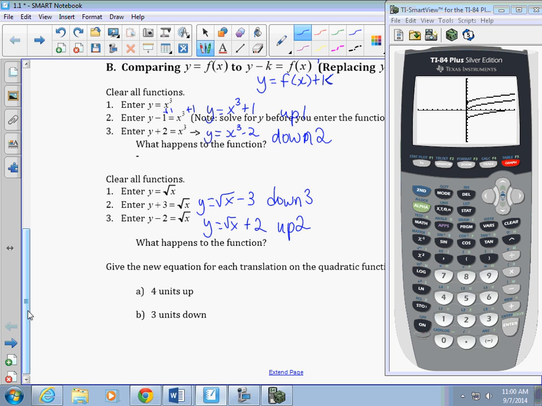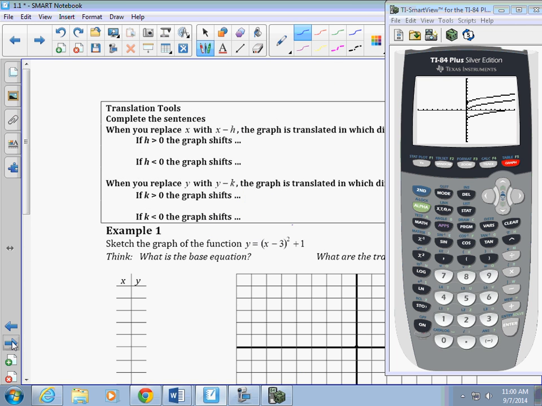If I'm starting with y is equal to x squared and moving it up 4, then it's a plus 4. If I'm moving it down 3, then it's subtract 3. So just some translation tools to help you when you're working on these.